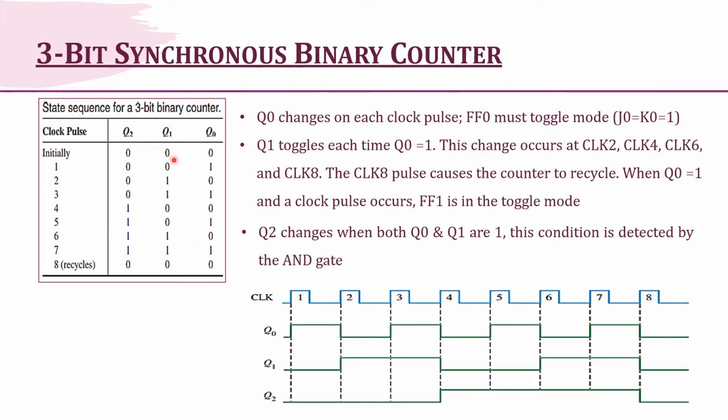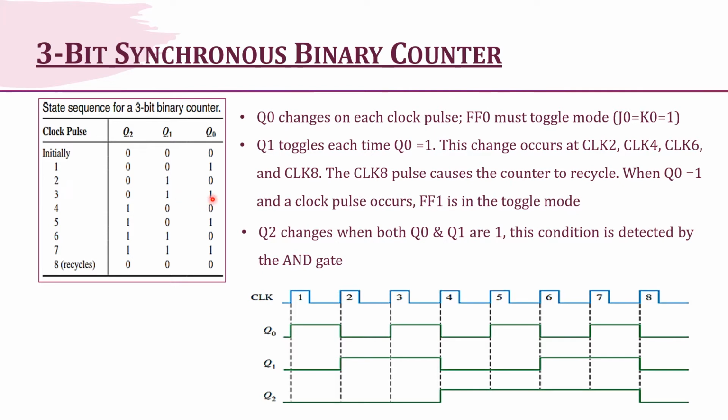But when we look at Q1, it toggles from 0 to 1, or from 1 to 0. Q1 toggles each time when Q0 is equal to 1. When Q0 is equal to 1, Q1 changes its state from logic 0 to logic 1.